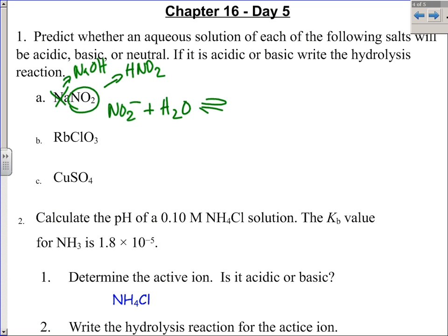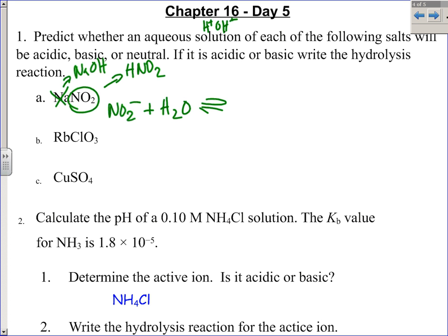So I should be able to write the acid-base reaction here and determine whether this is going to be acidic or basic. Honestly, you should already know based upon the discussion we had in notes. If it's not from a conjugate of a strong acid or base, then it's going to be an active ion, and active anions always make it basic. Why? Remember, one way we looked at this is to think of water as H plus with an OH minus.